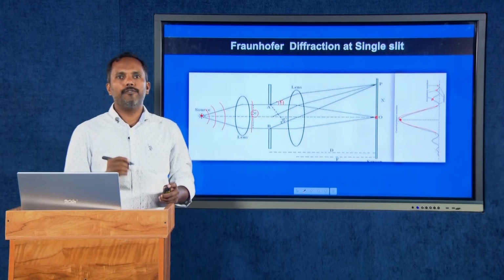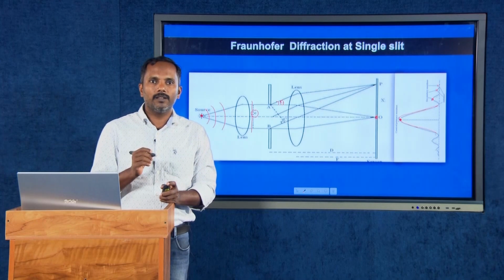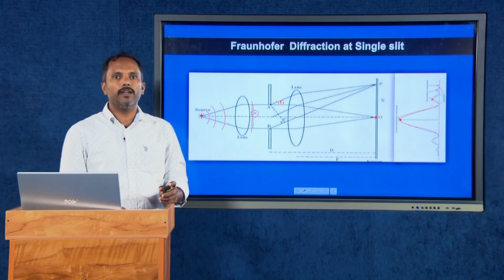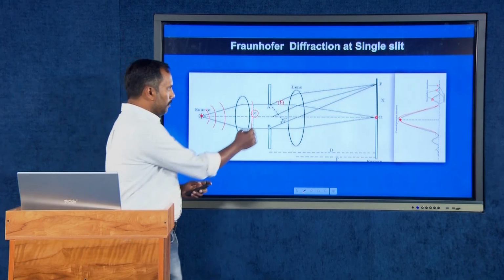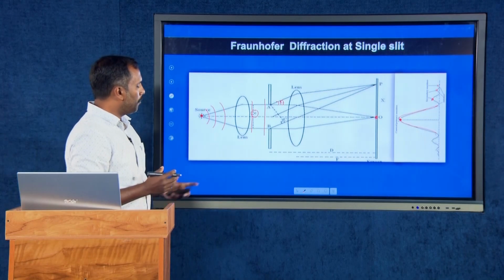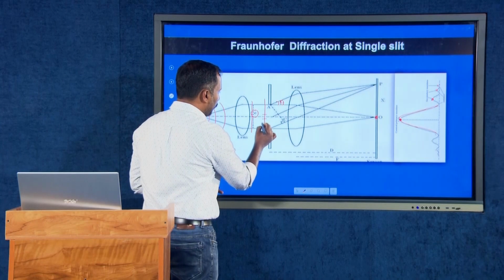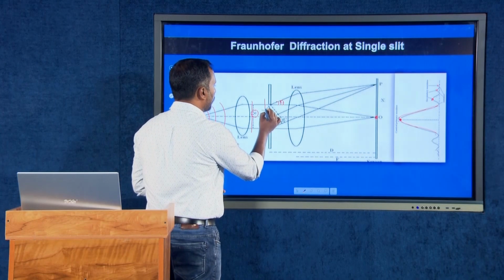Here we assume every point on the wavefront striking the slit AB will break into many parts. We are assuming a plane wavefront incident on slit AB, and we are dividing this plane wavefront into many parts.